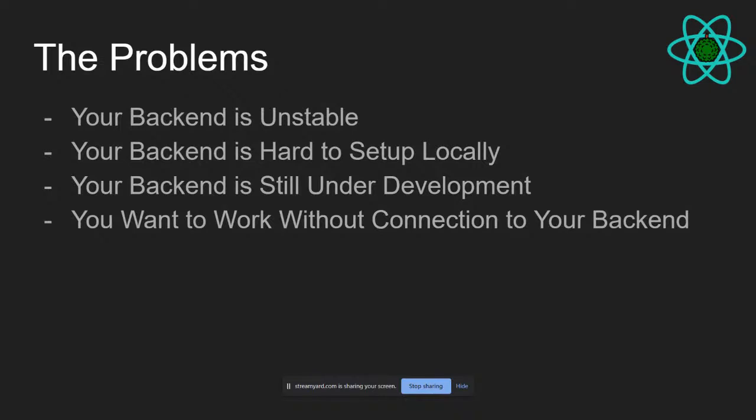Sometimes it's just down for no reason, and then you need to wait for your backend guy to bring it up. So this is one possible problem. And second is that your backend is very complex, so sometimes it's very hard to set up locally.